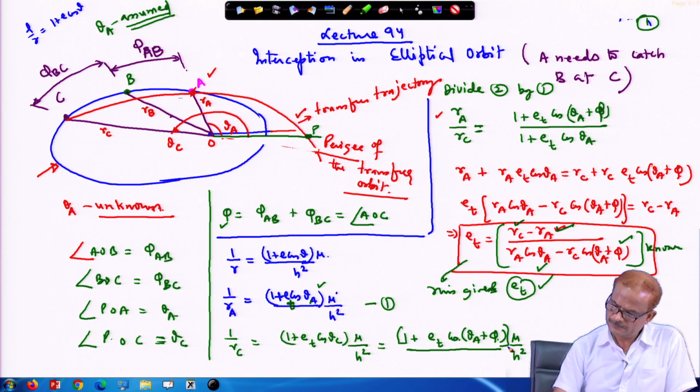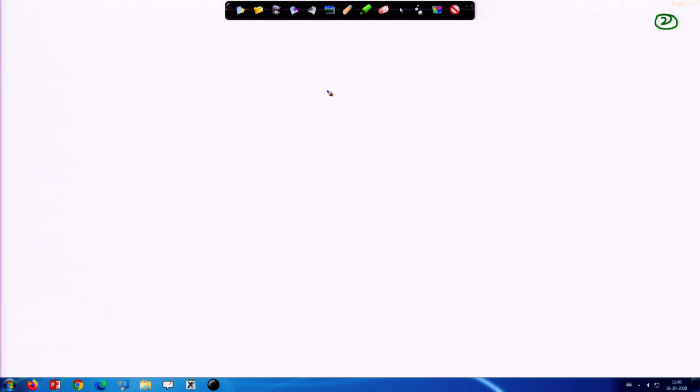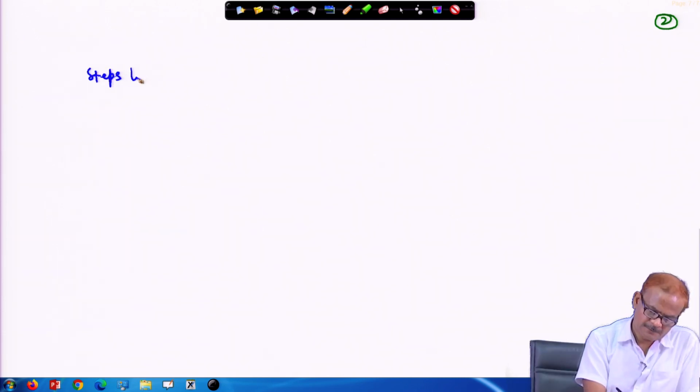So, this is 1, 2 and let us say this equation is 3. Now, steps to be carried out.